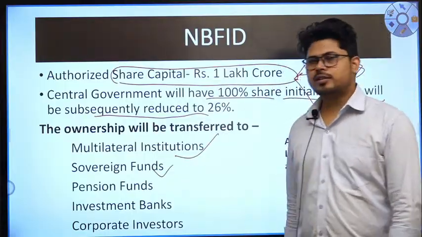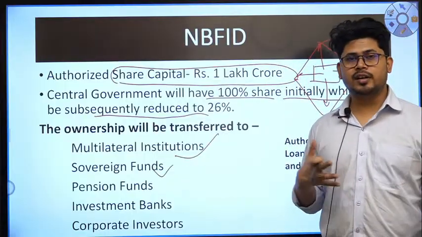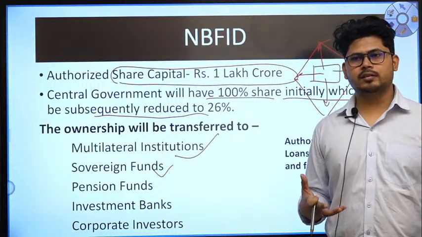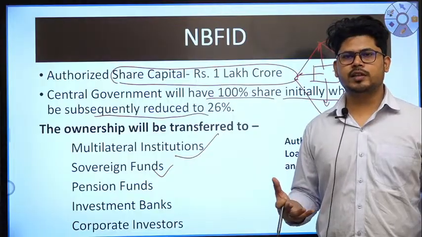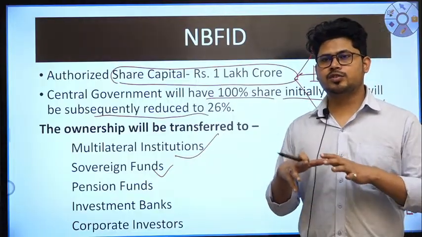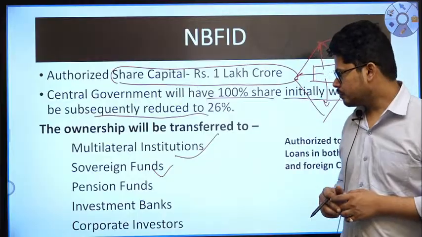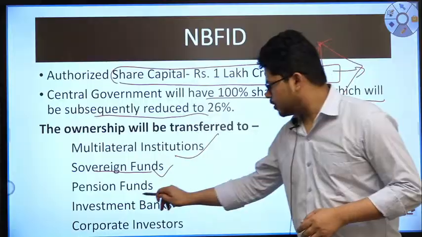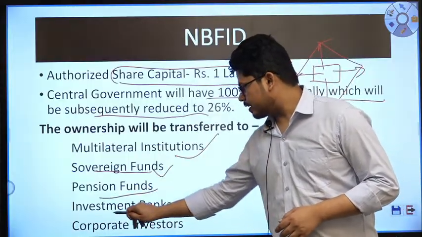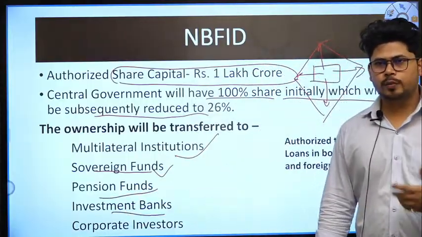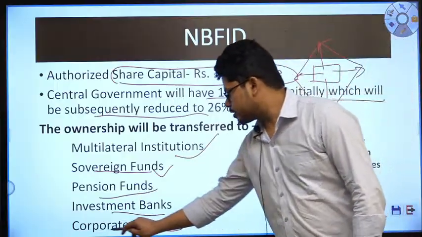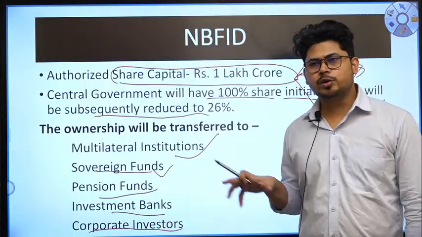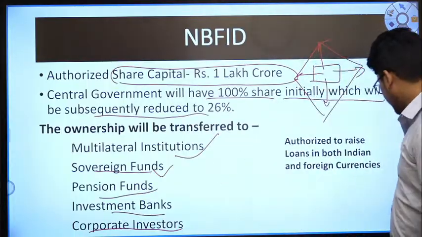Sovereign funds, जो कंट्रीज के अपने वेल्थ फंड्स होते हैं. ठीक है, for example Dubai is having a very huge sovereign wealth fund and they are investing in infrastructure projects all around the world. तो सॉवरिन वेल्थ फंड्स भी इसमें अपनी शेयर होल्डिंग ले सकते हैं, पेंशन फंड्स भी ले सकते हैं, investment banks like Goldman Sachs, and corporate investors can also take the shareholding of NBFID. But initially all the shareholding will be with the government.